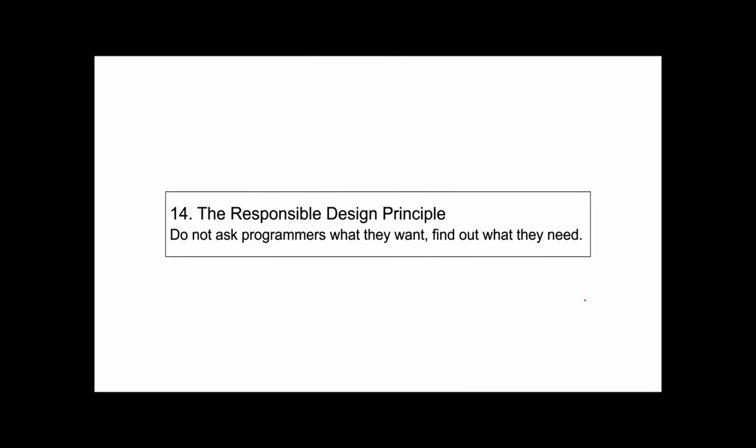That brings us to a new programming language principle, the responsible design principle: do not ask programmers what they want, find out what they need. One of the things they need is to reduce the problems that might arise. They don't want a lot of issues in their programs, or the whole memory having unpredictable behavior. That is one of the main principles introduced and used a lot in Algol.